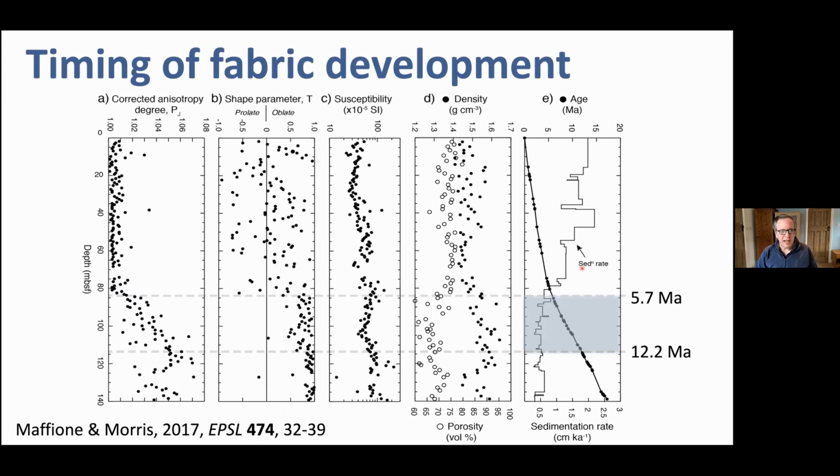So if you combine that with the age constraints I showed you in the magnetostratigraphy, then you can sort of date the timing of bedding fabric development in pelagic sediments. And in this particular example, it took about 6 million years after deposition for these rocks to start to develop what you might recognize as bedding related fabrics that you can start to pick out and see.